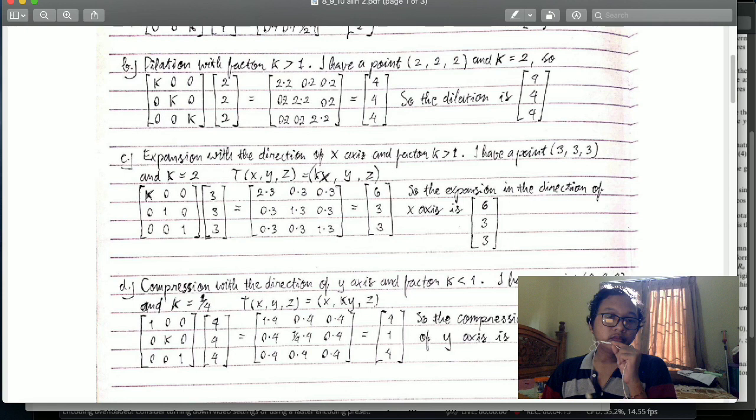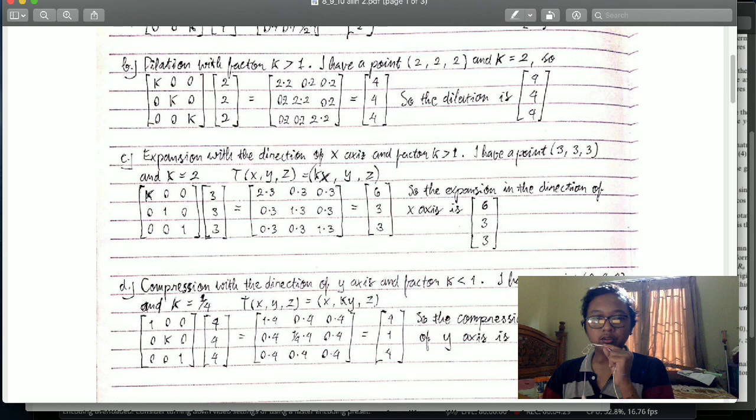The last part is part D, which is a compression in the direction of the y-axis with a factor k less than 1. I have a point again, 4, 4, 4, and for k I use 1 over 4, a quarter.